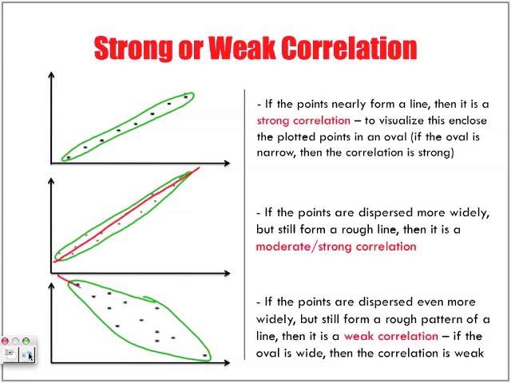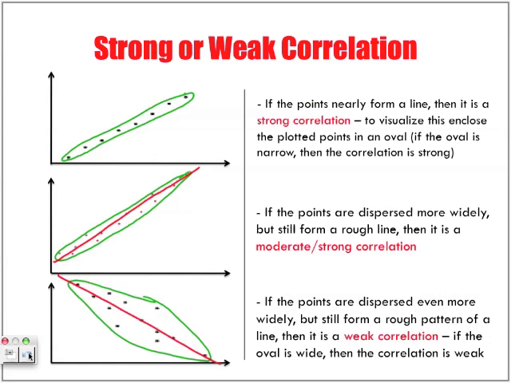This is the most important thing, that line of best fit, and how far away the points are from that line of best fit. And then visualize the oval. So we have here pretty much a weak correlation. Maybe we could consider this slightly stronger than weak.